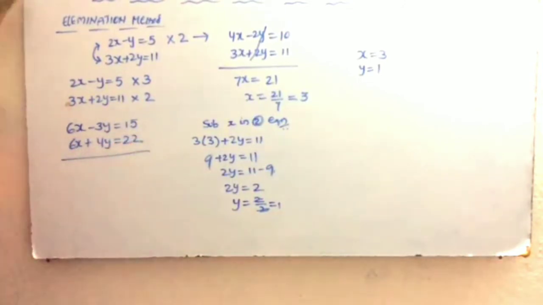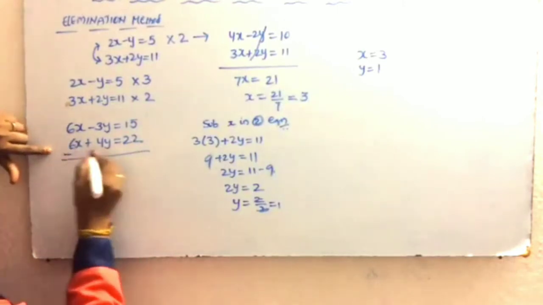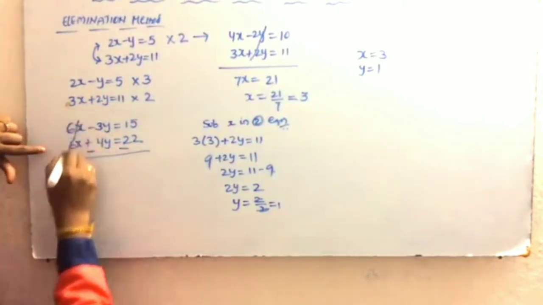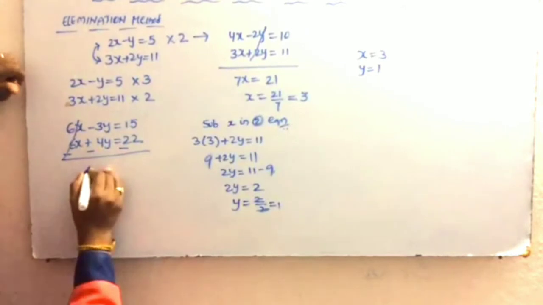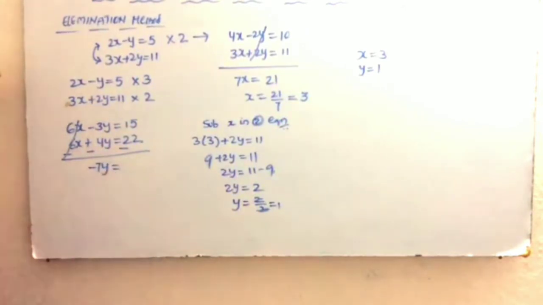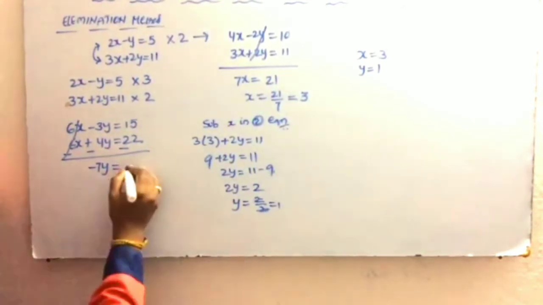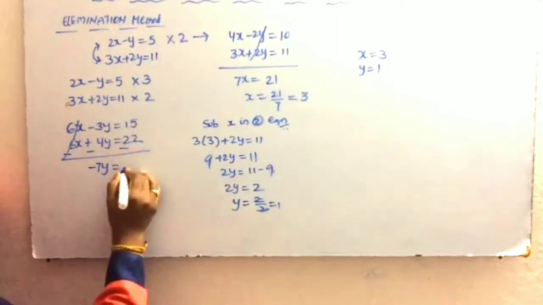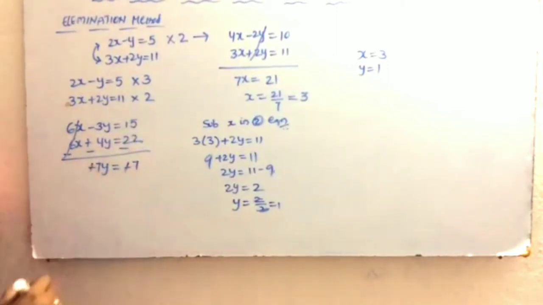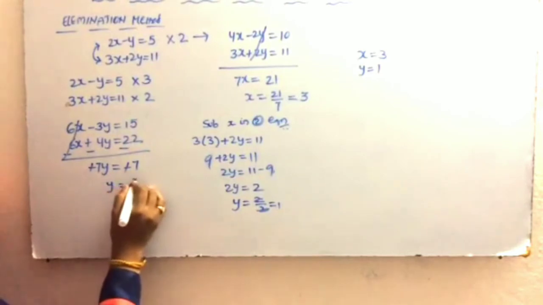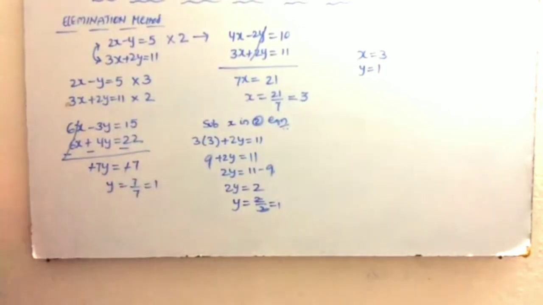Then we will subtract, minus and minus. These two are cancelled. Now here minus 7y equal to minus 7. That means minus gets cancelled, and y equal to 7 by 7, that equals 1.